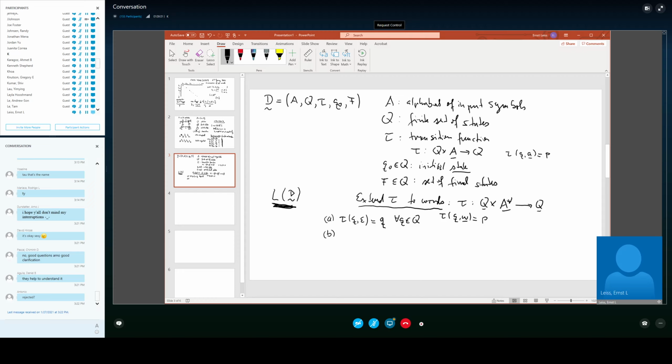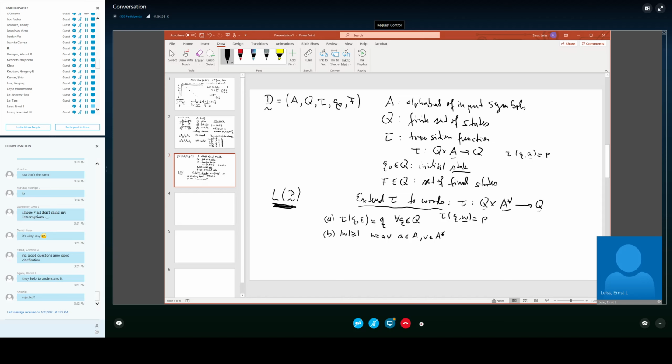And so the next step then is if the word is not epsilon, so the length of W is greater than or equal to 1. That means W can be written as AV, where A is a letter and V is a word.